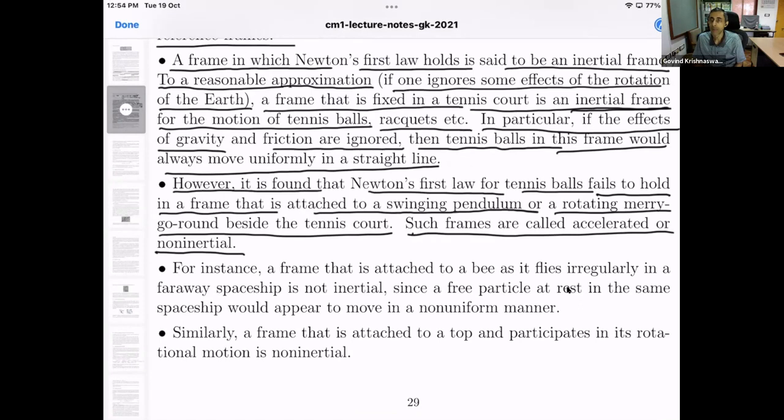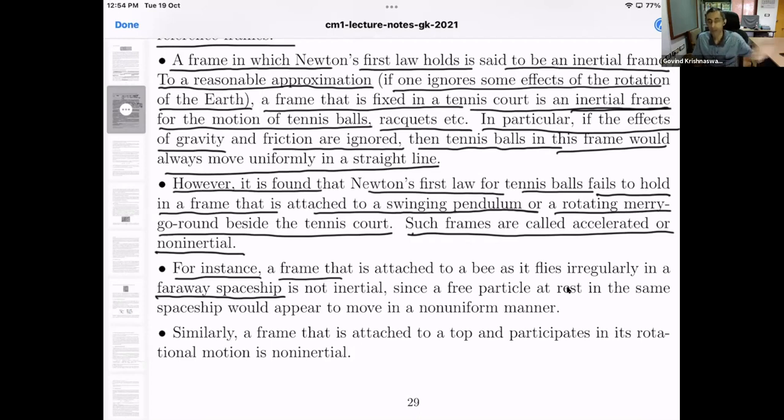So we are in this faraway spaceship. Let me go through this carefully. I'm going to give an example of a frame that is not inertial, where Newton's first law doesn't hold. So what is that frame?